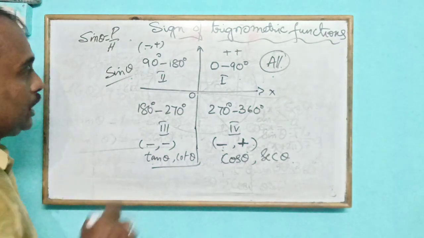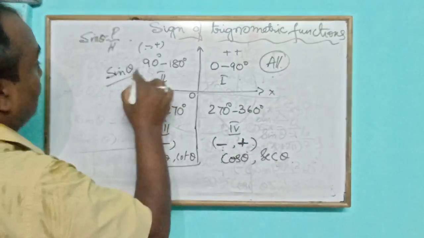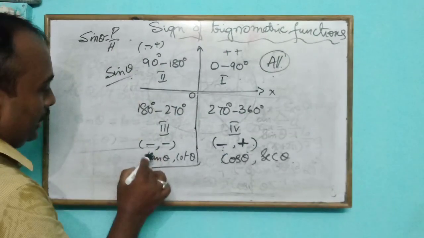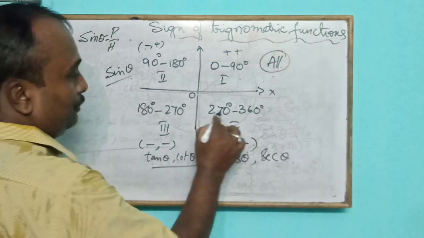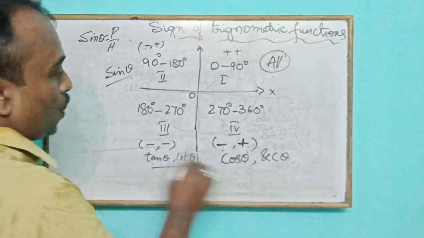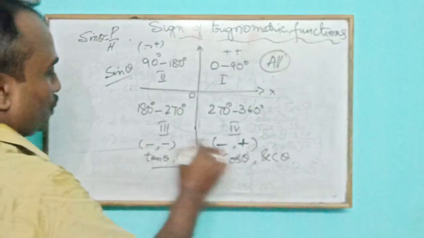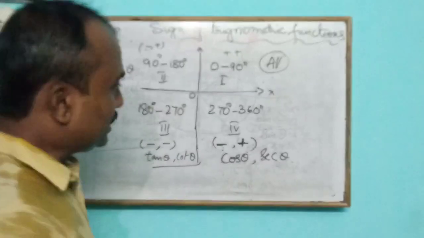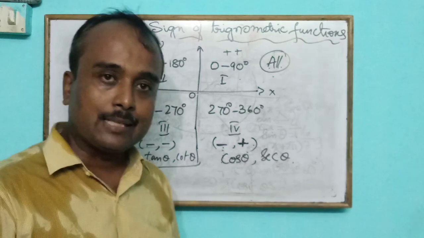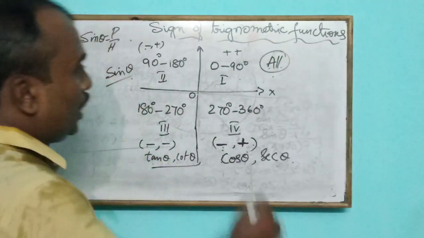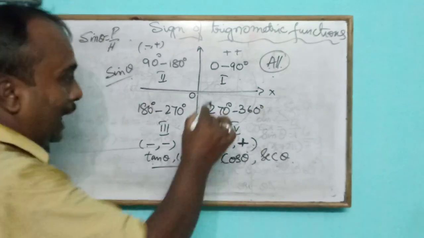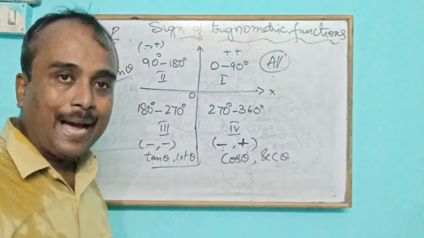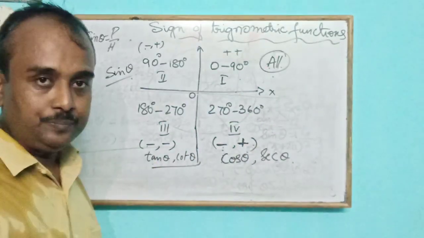Between 90 and 180, only sine theta and cosec theta will be positive. Here tan theta and cot theta are positive, and between 270 and 360 degree cos and sec are positive. All sine, tan, cos, or in short we say, add sugar to coffee. So this is how we understand what should be the sign of the trigonometric ratio according to the values. And this is one period, that is from 0 to 2 pi or 0 to 360 degree.